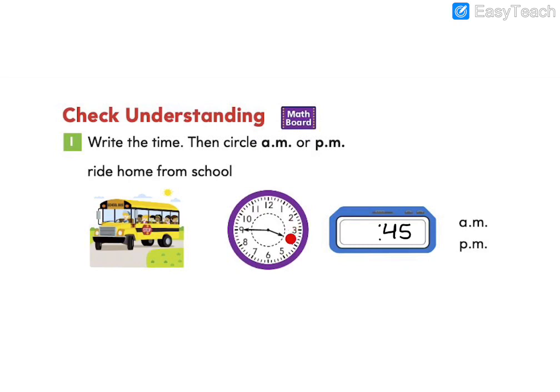It's between 3 and 4, almost to 4. That means it isn't 4 yet. It's still 3. So this clock shows us 3:45, almost to 4. Now I think if this is a ride home from school, that's going to be in the afternoon. That means it's PM.